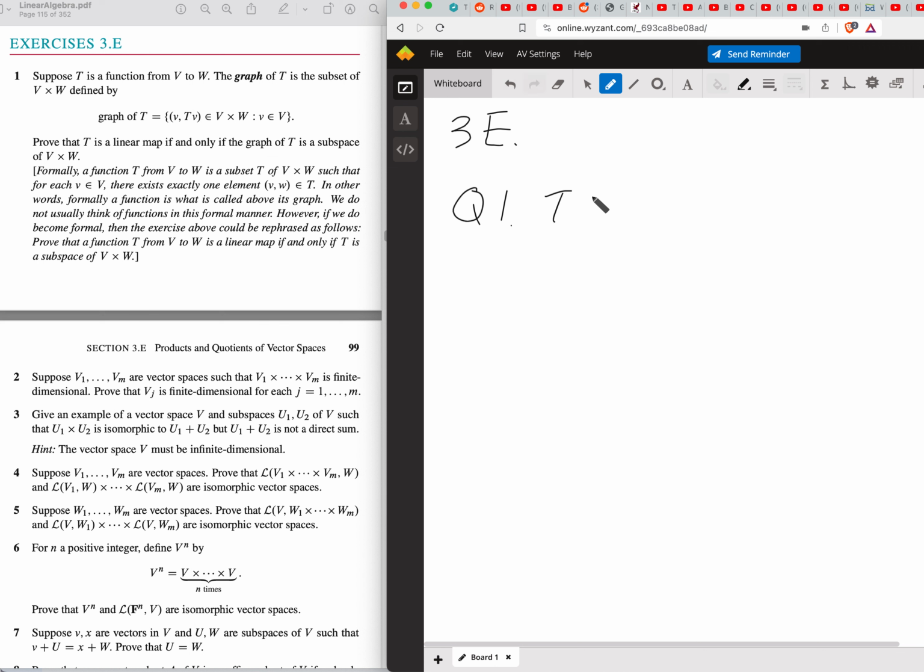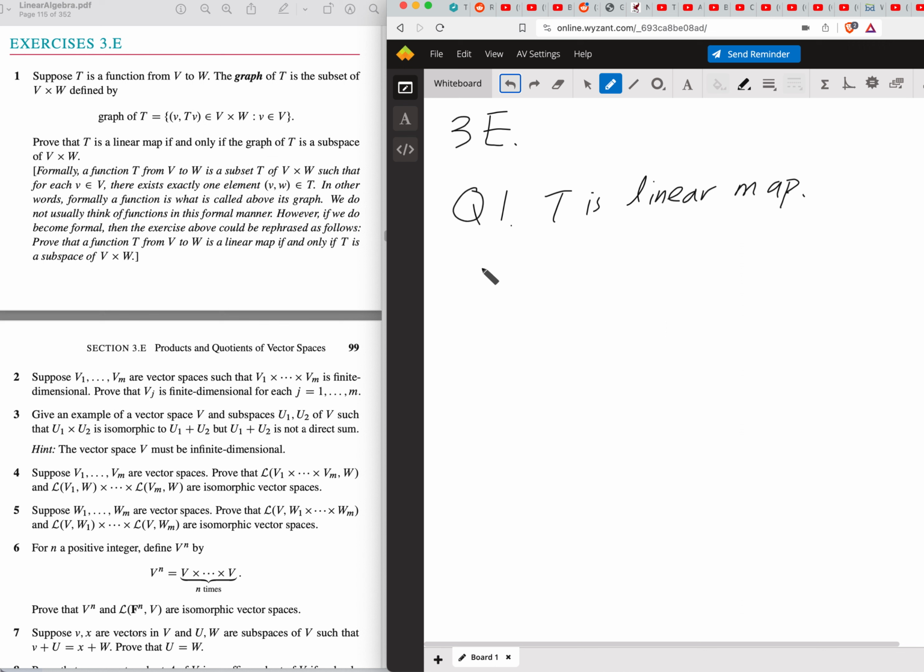So let's say that T is a linear map. We assume this. And then, I think this way should probably be easy, actually. So let's choose arbitrary v1, v2 from, wait, hold on, let me think.